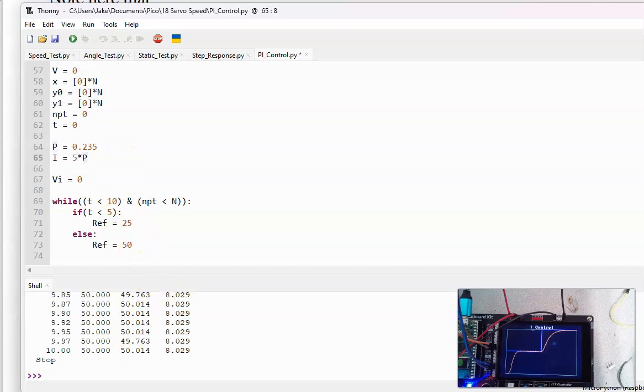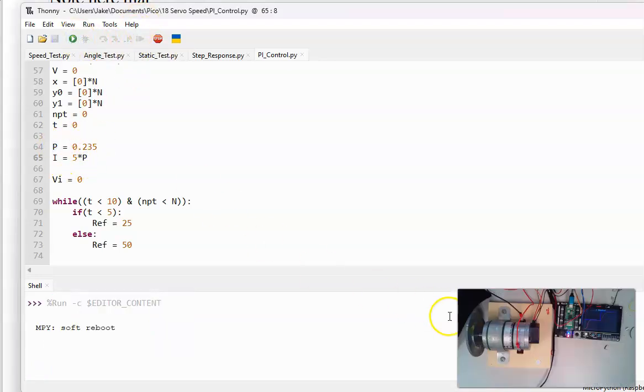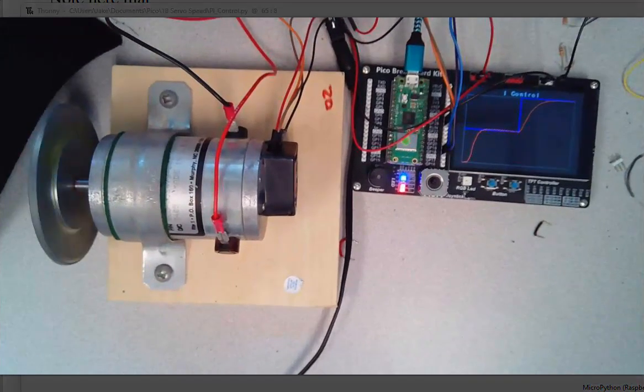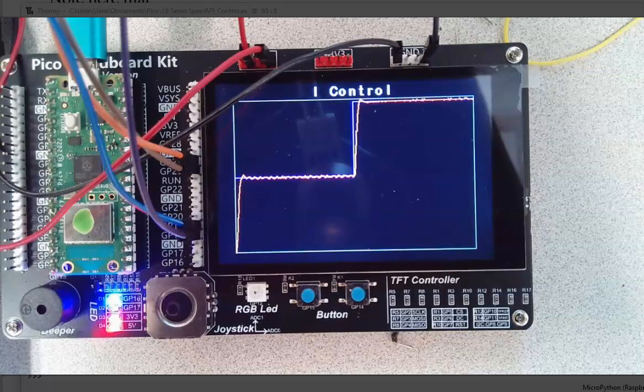Let this puppy run. So just change those two gains and let her rip. So here's the desired speed is 25. Now 50. Record the data and plot it. Zoom in and you can see the response is actually quite good.